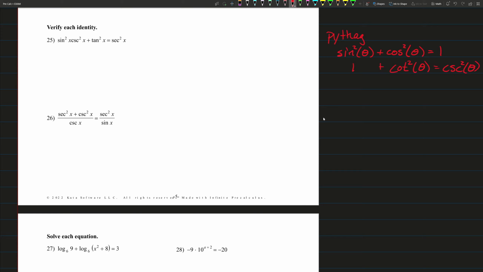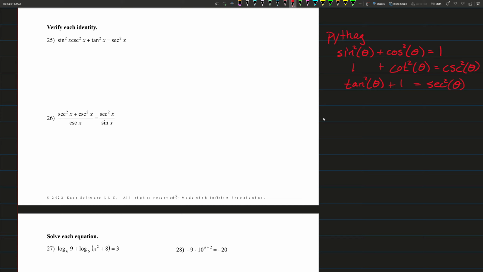If we divide both sides of our original by cosine squared, we get tangent squared plus 1 is equal to secant squared. Right, so those are the 3 that are a little bit harder to comprehend, but that's why. And sine squared plus cosine squared comes from the Pythagorean theorem.